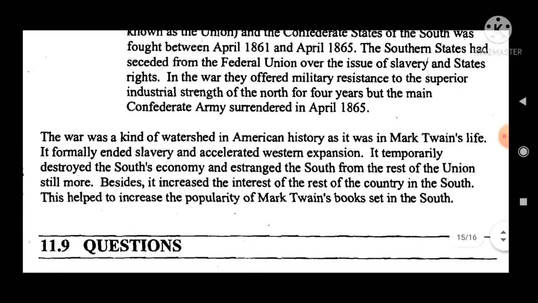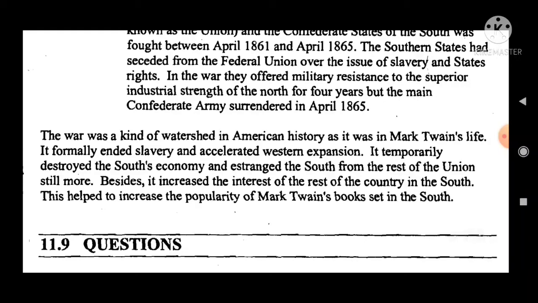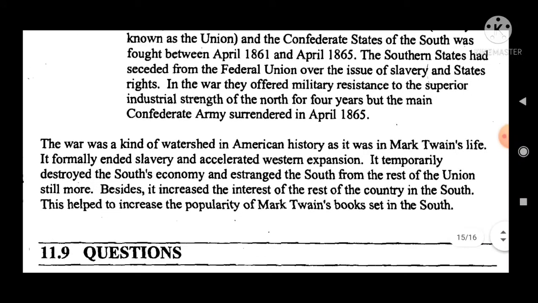In the war, they offered military resistance to the superior industrial strength of the North for 4 years, but the main Confederate army surrendered in April 1865.